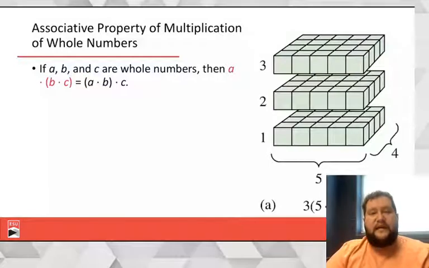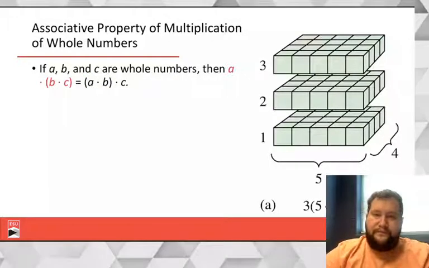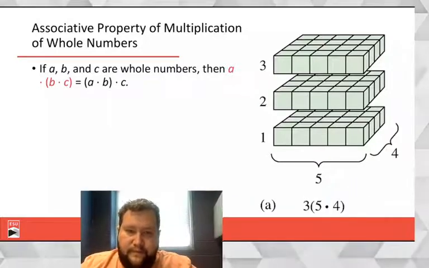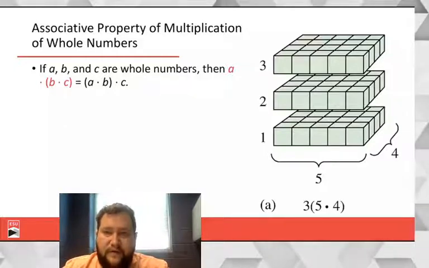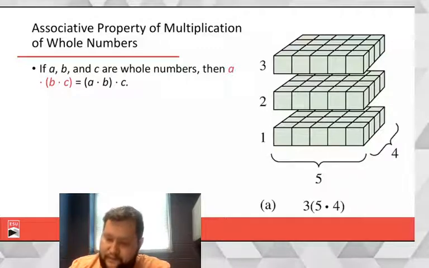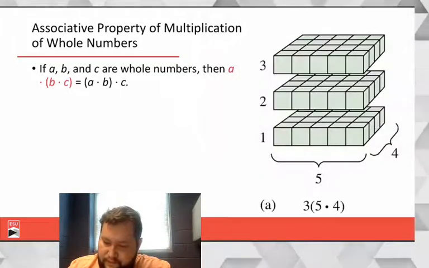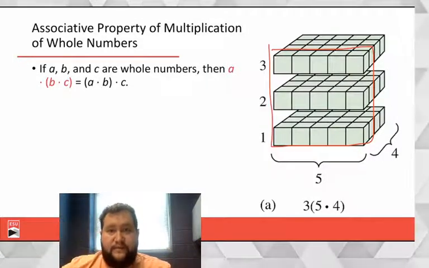You can think of that now not as just an array, but as a cube, where we have 3 times 5 times 4. If I slice it vertically into layers this way, you could see why that would be the same.